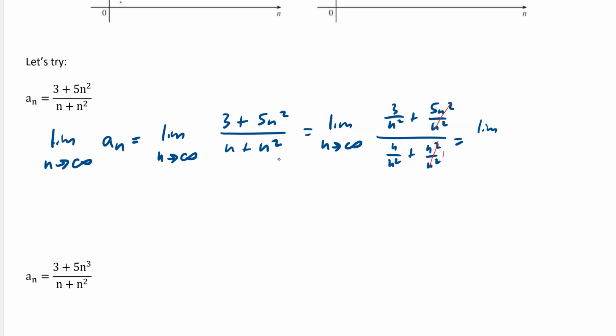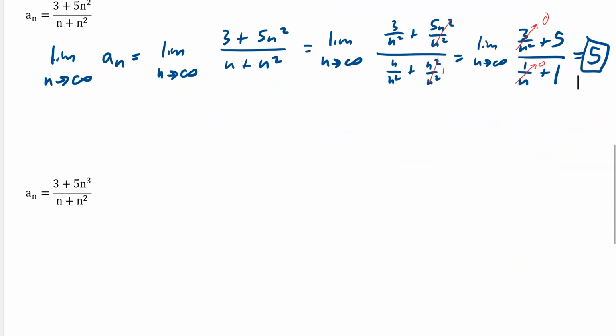So we have the limit as n approaches infinity of 3 over n squared plus 5, over 1 over n plus 1. If you remember our rules, this is going to go to 0, and this is going to go to 0. So we end up with a limit of 5. As n approaches infinity, our sequence is going to go towards 5. That's it. So let's try another one.